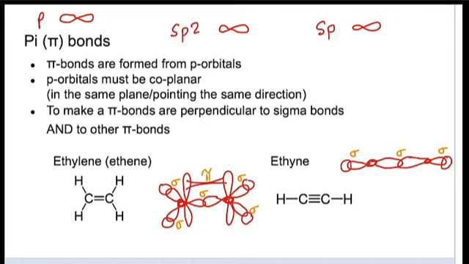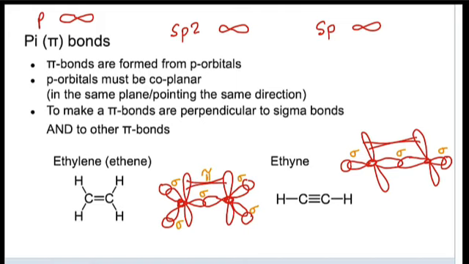And so then there are actually a couple of leftover p orbitals. And remember, to form a pi bond, the p orbital has to be pointed in the same direction.